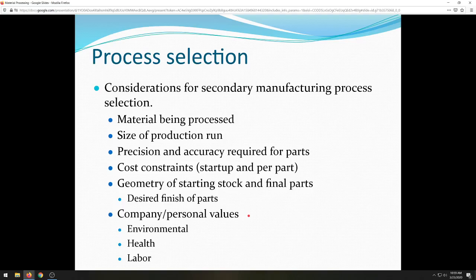So their production values may be different than Maxwell House or something like that in the manufacturing of their coffee. So that may affect the manufacturing process that they choose for certain elements of their manufacturing. So again, this is really an important list going forward. Probably want to be able to reference this often.